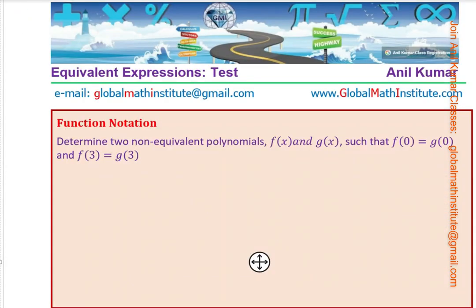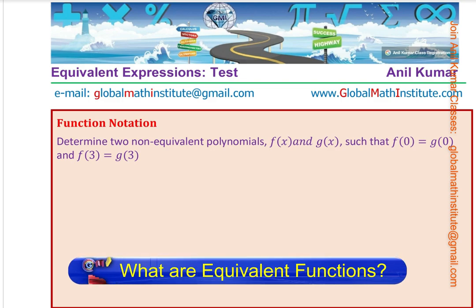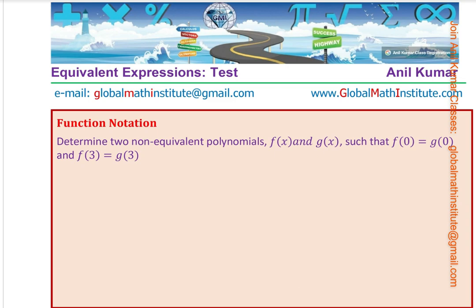The next question is based on expressions which are not equivalent. So you'll understand and appreciate the difference between equivalent and non-equivalent functions or expressions. The question is: determine two non-equivalent polynomials, functions f of x and g of x, such that f of 0 is equal to g of 0 and f of 3 is equal to g of 3.